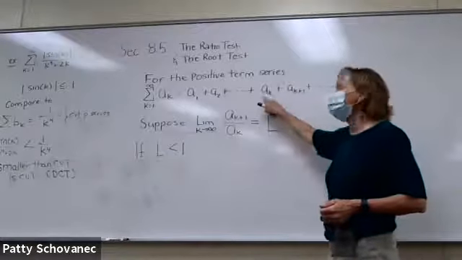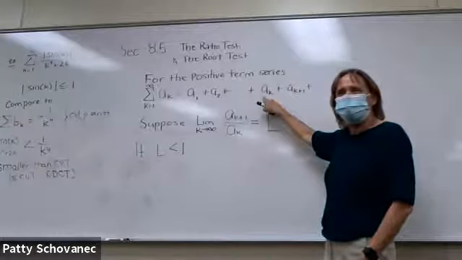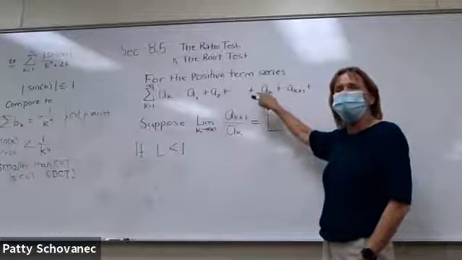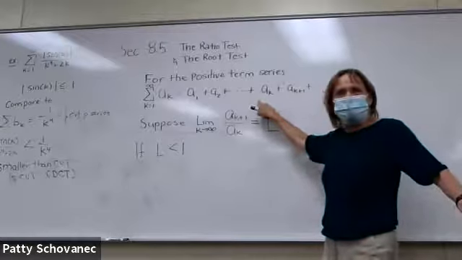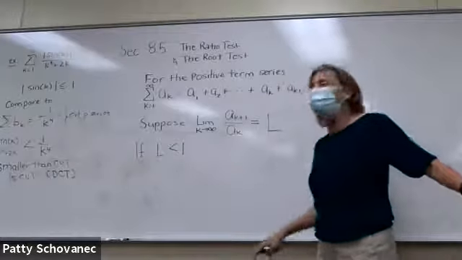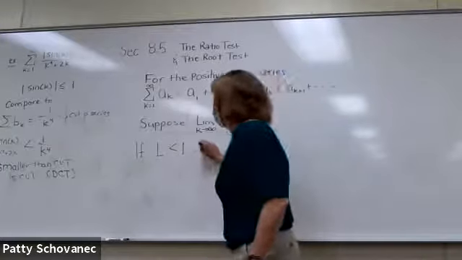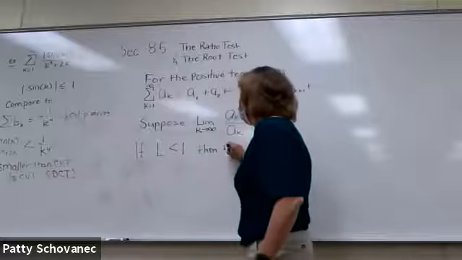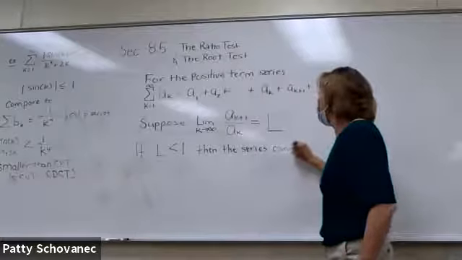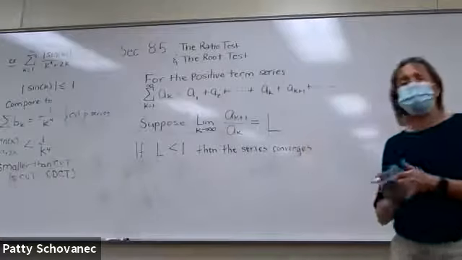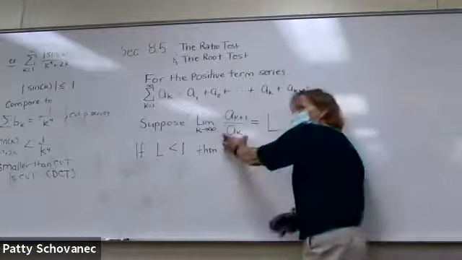So if these are small enough to begin with, then a fractional amount of that is even smaller. So it is going to 0 fast enough. If this limit is smaller than 1, our conclusion is that this series converges. It's essentially the same as saying smaller than convergent is convergent.